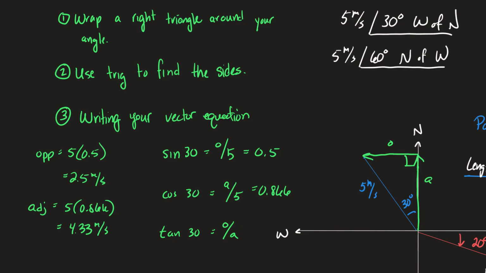This is the part that has to become invisible. So I've done the trig now. That means this adjacent side here is 4.33 meters per second, and this opposite side here is 2.5 meters per second. So I've effectively used trig to find the sides.